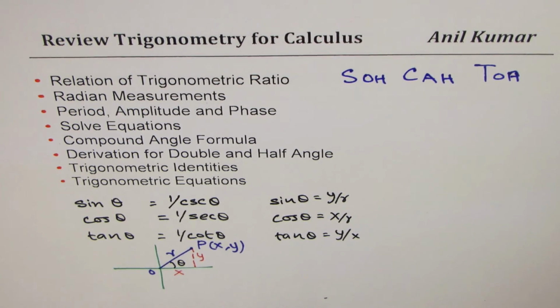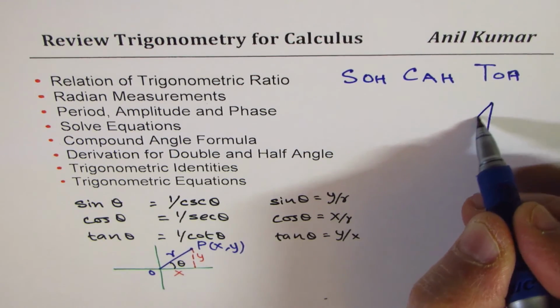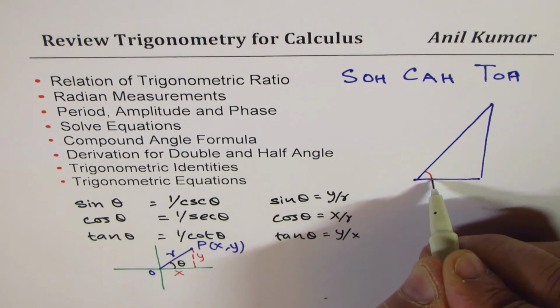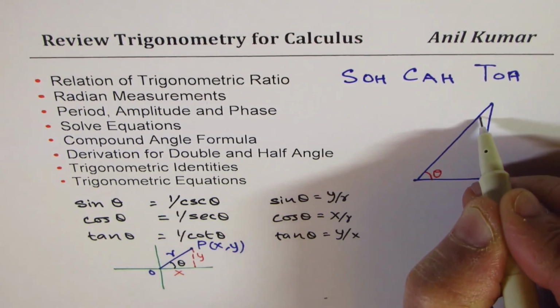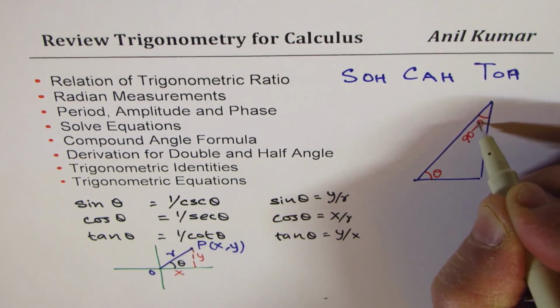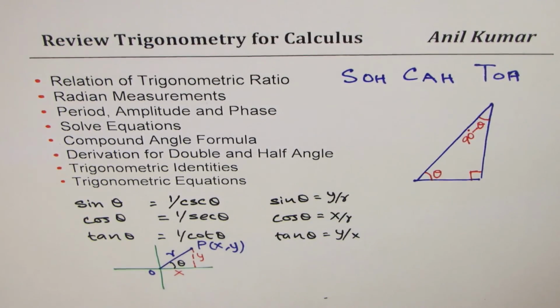Now you'll also recall that in any triangle, let me make a triangle here, a big one. Let's say that's the triangle. When we say that this particular angle here is, let's say, theta, then what is the other angle? Well, the other angle is 90 minus theta if we are talking about a right triangle.